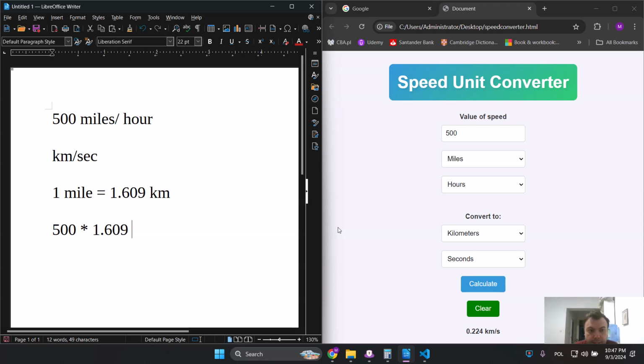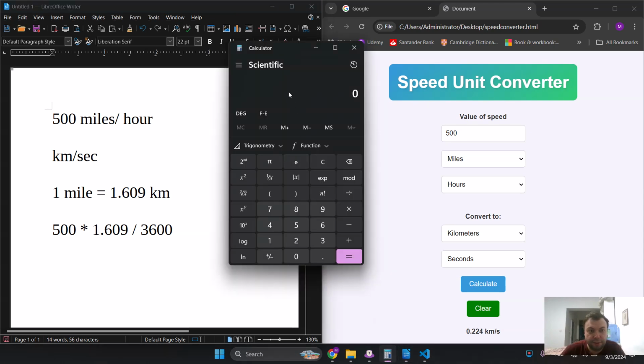1.609. And next we need to think what to do with hours and seconds. Now we're changing hours to seconds. Of course, in an hour there are more seconds. This is only 1 second, and here is 3600 seconds. So this one needs to be divided by 3600.